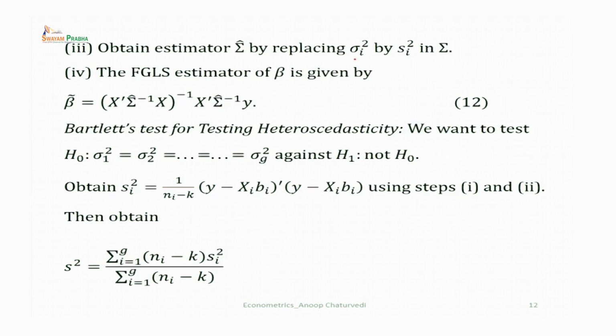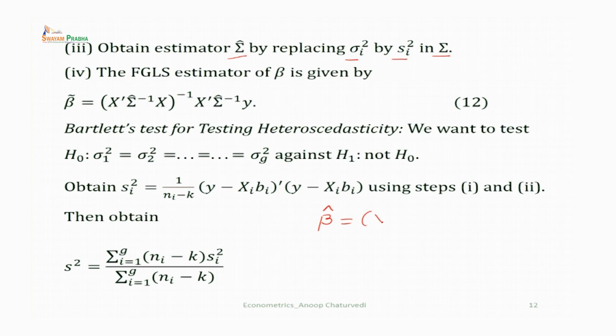Then we replace sigma square i by si square in the expression for sigma, and so we obtain sigma hat, the estimator of sigma. And then to obtain the FGLS estimator of beta, we replace sigma by sigma hat in the expression for beta hat.